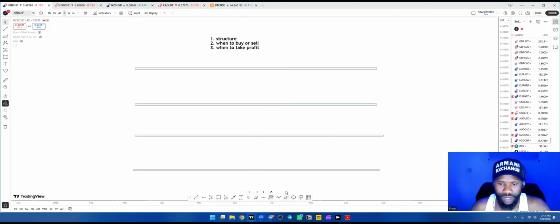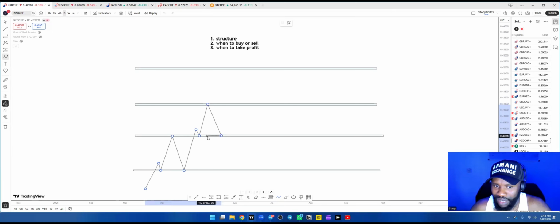So let's start. Let's say, for example, price is moving like this. It broke this resistance level and it becomes what? A support. So this pullback is a retest. All right. Then price pushes to the upside, then pulls back, then breaks this resistance, then pulls back again as a retest, then pushes to the upside, then pulls back again to retest that level that was broken, then breaks above, then pulls back to retest for a buy.